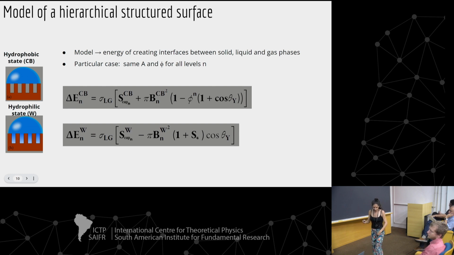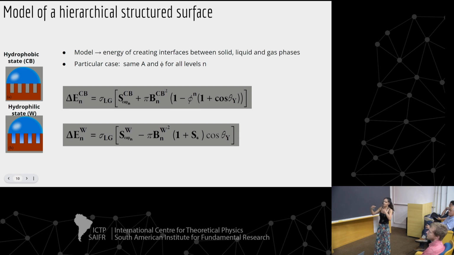And then the model is just counting the energy of creating interfaces between the liquid and the air, and the liquid and the solid, and the solid and the air. I don't want to go into the details of these equations, but just to tell you that we are able to compute for any level of the surface the energy of that state and of that state.